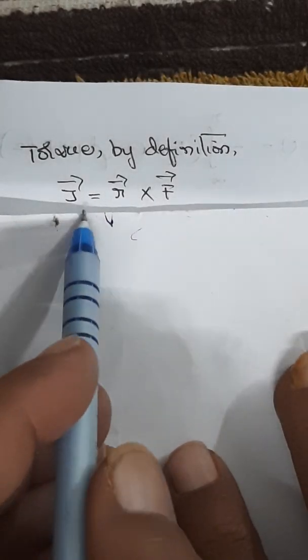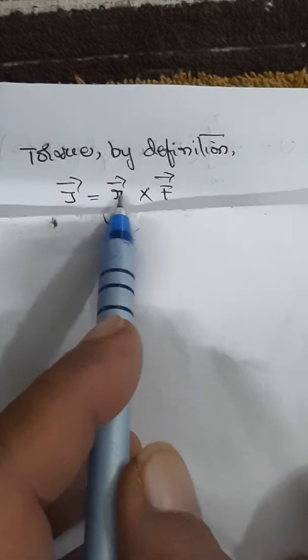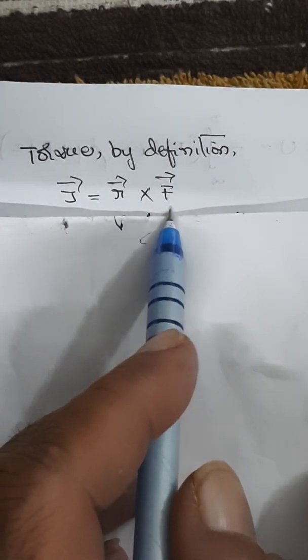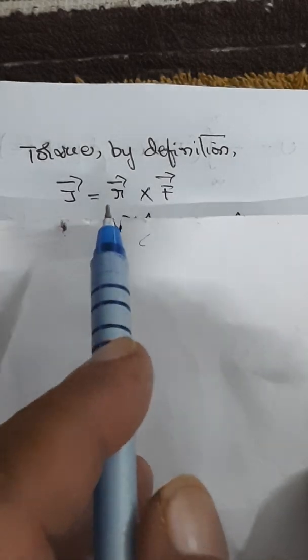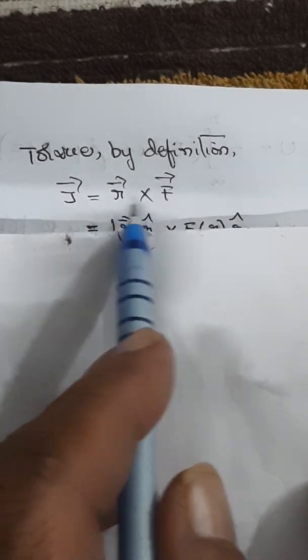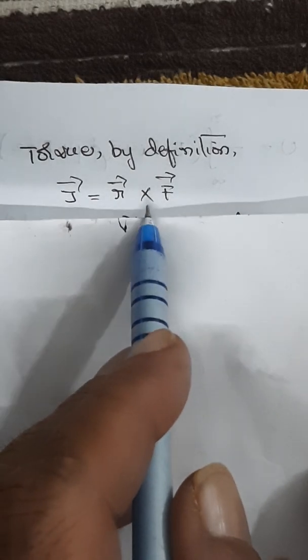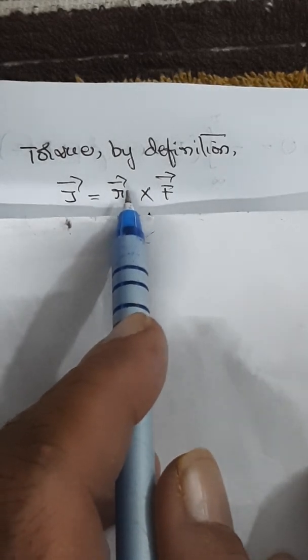Then what happens? By definition, earlier we have seen torque is defined as a vector product of R and F, where F is the force acting on the particle and vector R is the vector distance from the origin. This is a cross product. So cross product means what?